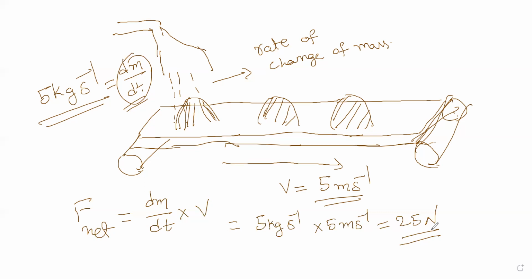This is the case where the mass can vary and the velocity can remain constant. The take-home message is that the net force acting on it can be dm/dt into v, or the net force can be mass into acceleration. Actually it can be both also.